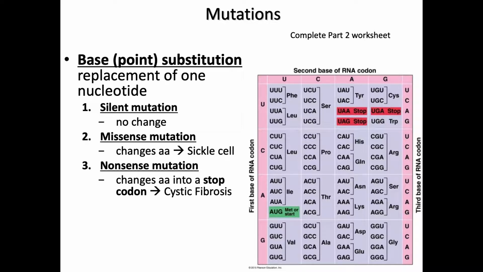So there's 3 types. One type we've actually talked about, something that's called silent mutations. These silent mutations occur when you have a codon change, but ultimately the amino acid sequence will be the same. So example, again, here, UUA, well, what if this third base mutated to a guanine, a G?